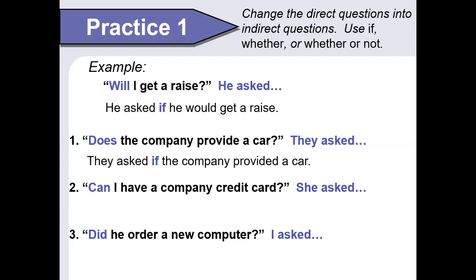And how about number two? What do you think? How do you think we can write an indirect question for that one? She asked if she had a company credit card.